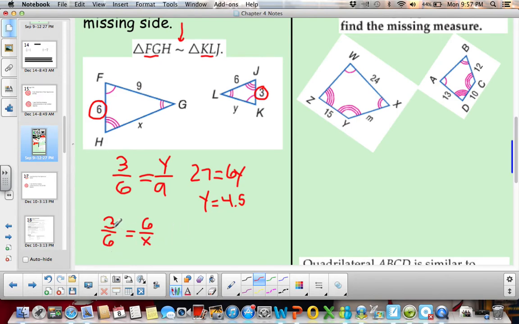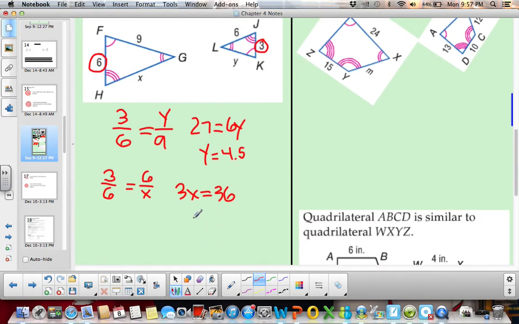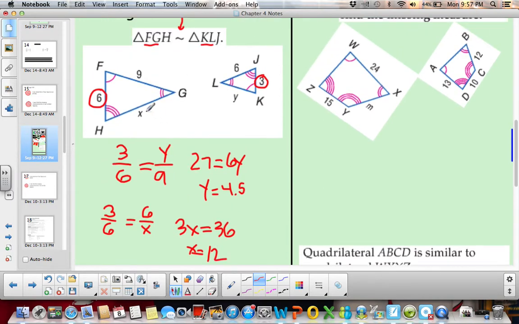So this time we have 3 times x, so 3x equals 36, because 6 times 6 equals 36. And then we divide both sides by 3, so x equals 12. So then we could plug these in, 12 and 4.5.